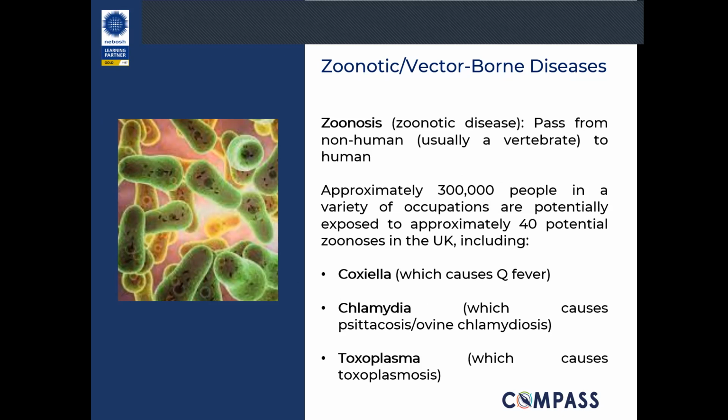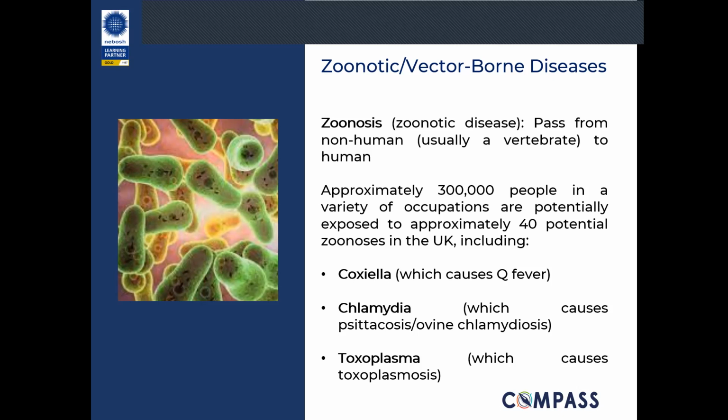Let's look at a common one. So zoonosis, or the zoonotic disease, has this ability to pass from non-humans, vertebrates typically, and then move on to humans. There are quite a few examples of that, but we tend to always think about bats and their ability to transfer disease of this type.